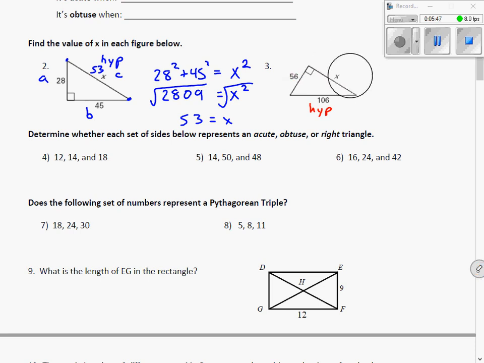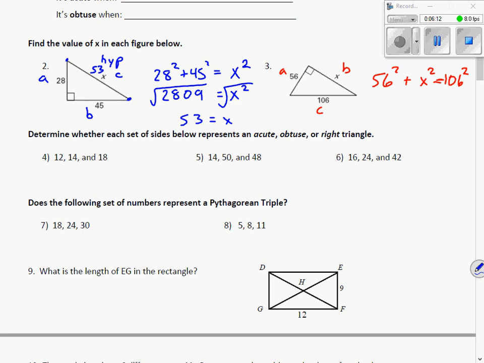So if we set it up and call this A, B, and C, and then we put the Pythagorean theorem to it, 56 squared plus x squared equals 106 squared. In order to solve for x, you're going to have to subtract whatever you get.